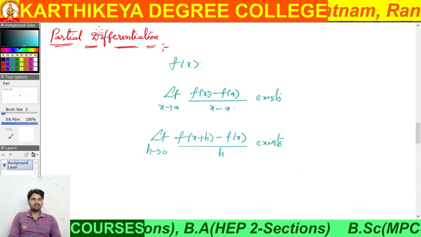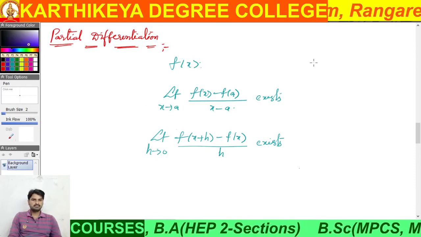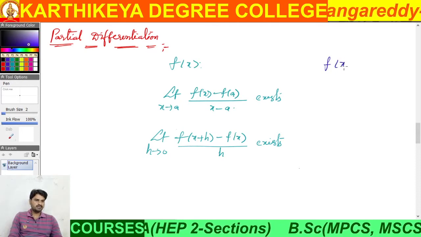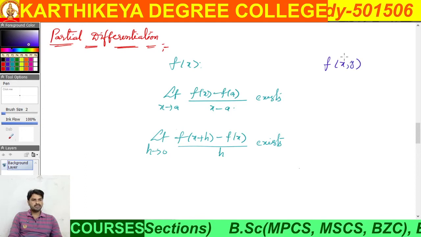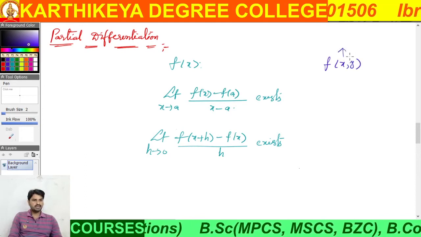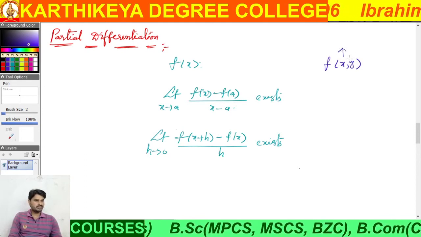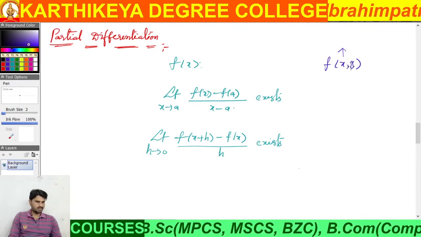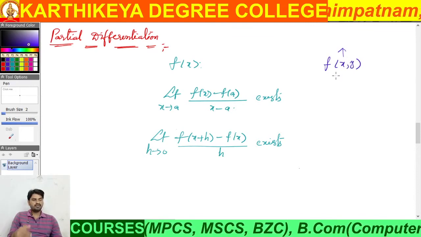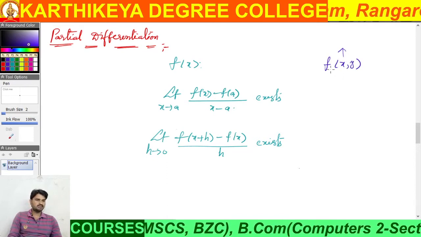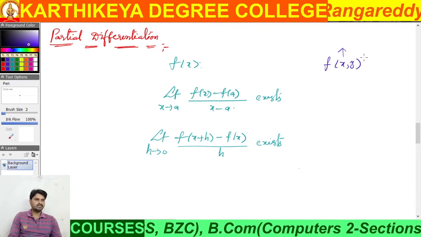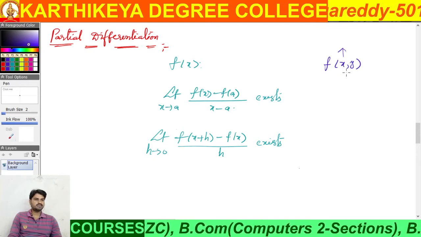Now I am going to take the differentiability of a function in two variables. Two variables means we have to take either of the variables x, y. If we want to differentiate with respect to x, then we say that the function is differentiable with respect to x partially.